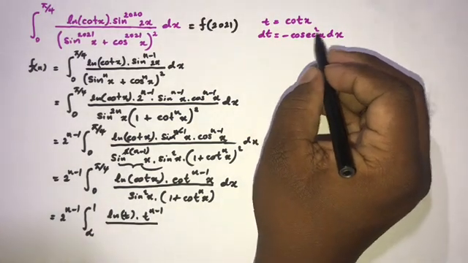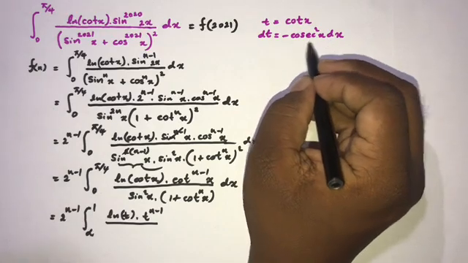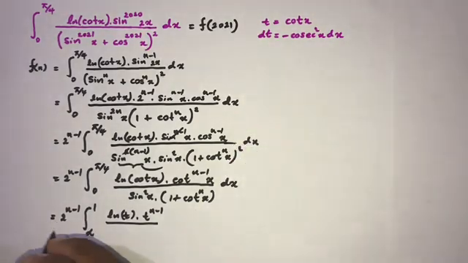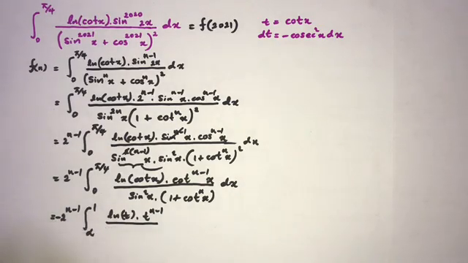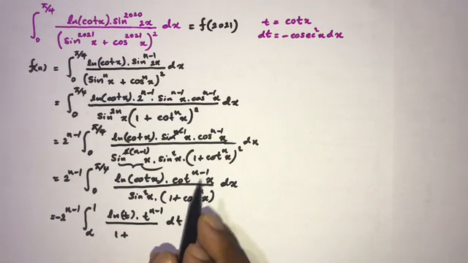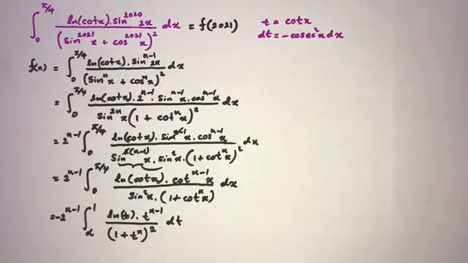We know cosecant square of x is equal to 1 over sine square of x, so here we have minus dt over 1 plus cotangent, we know t, so t raised to the n power, and here square.